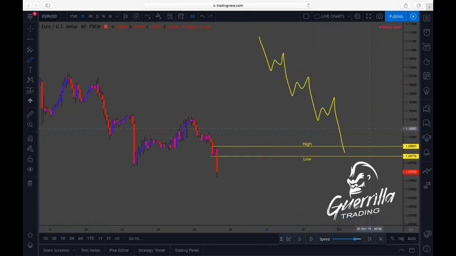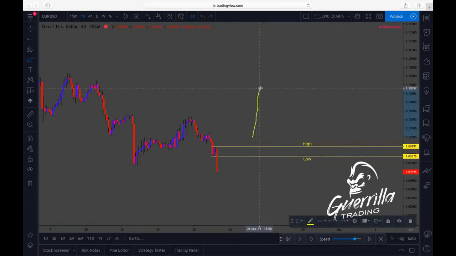Now, how do we recognize whether markets are slowing down and momentum is not continuing? Well, what I do and what we look for in the guerrilla trading community is that once we get a nice impulse, we get a pullback, we look at how we break this most recent high here. Because if we are looking for a trend, we expect it to impulsively break.